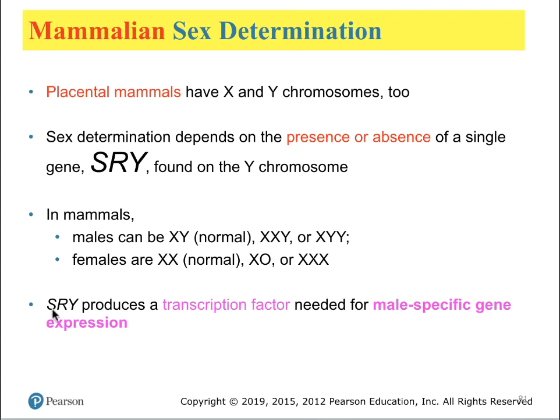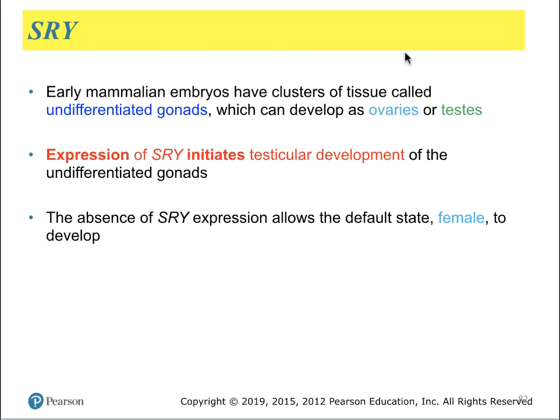It turns out that the SRY locus produces a transcription factor which is needed to activate a bunch of other genes that are responsible for making males. The relationship between genetics and developmental biology has now been concluded successfully.